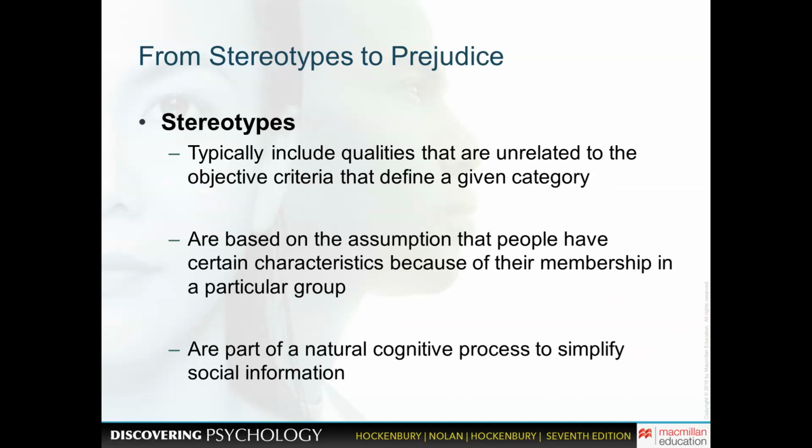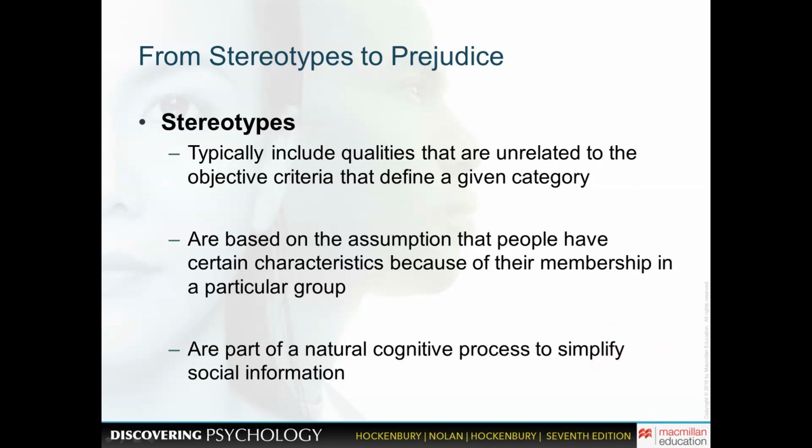Certain stereotypes can lead to prejudice as well, holding on to certain stereotypes. Stereotypes, you can see here I put, typically include qualities that are unrelated to the objective criteria that define a given category.